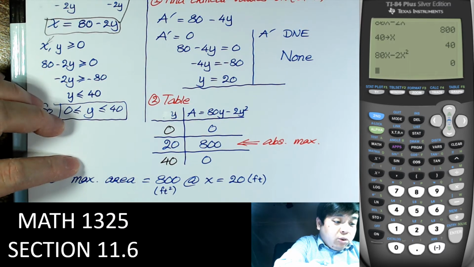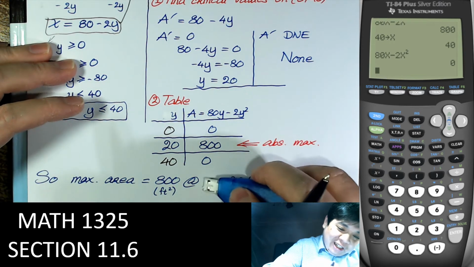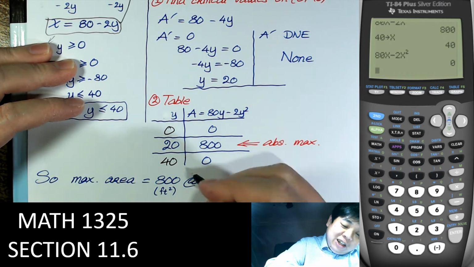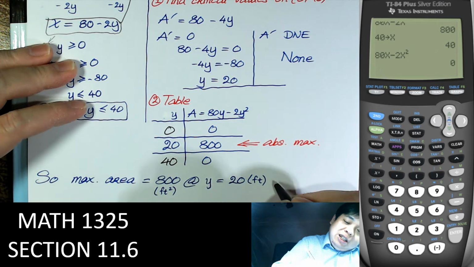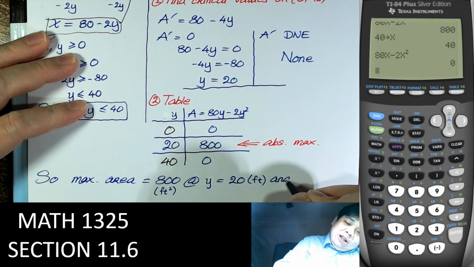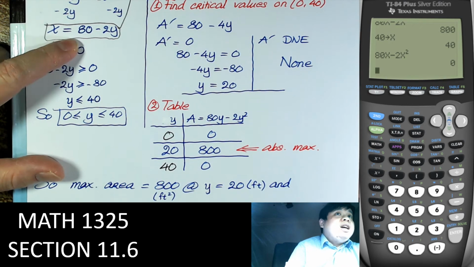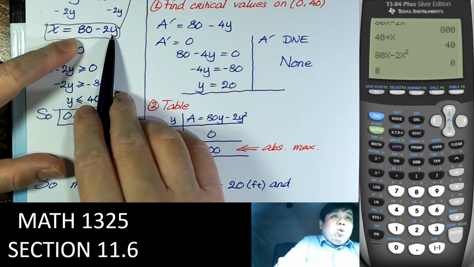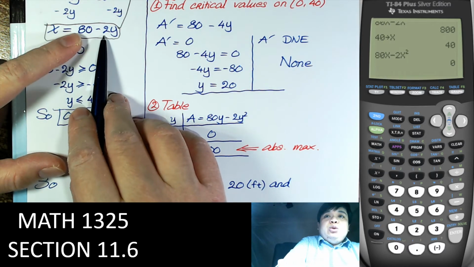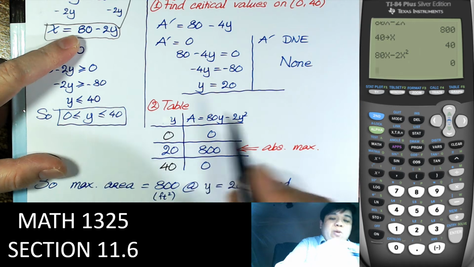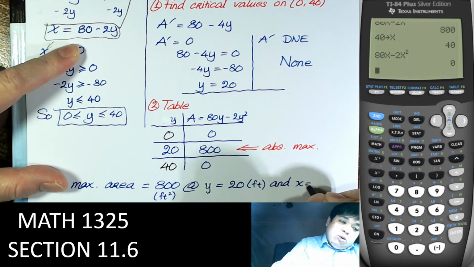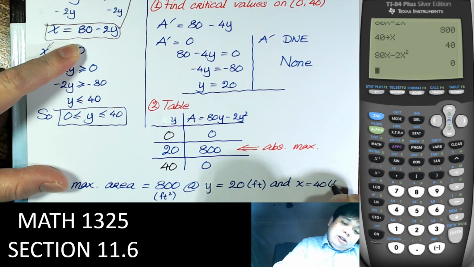Right, we have y equal to 20, and we can just substitute back in here to find x. Put 20 in here, 80 minus 2 times 20, 80 minus 40 is 40, x equal to 40 is fit.